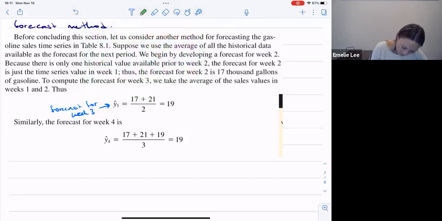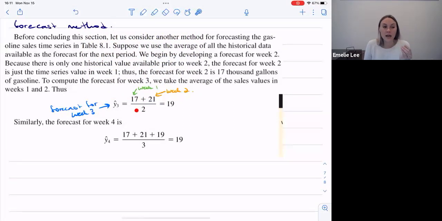is the value from week 1 plus the value from week 2. If we take the average of those, we only have 2 weeks that we're looking at, so of course we're dividing by 2 to get a forecast of 19.